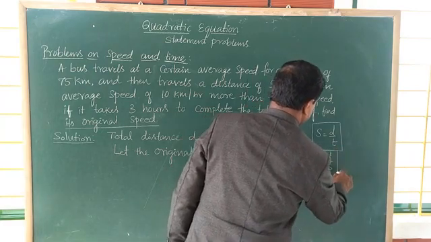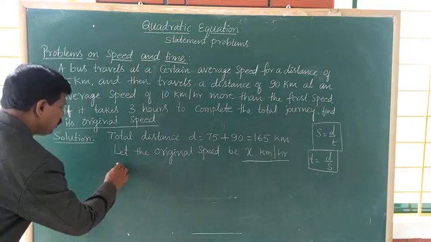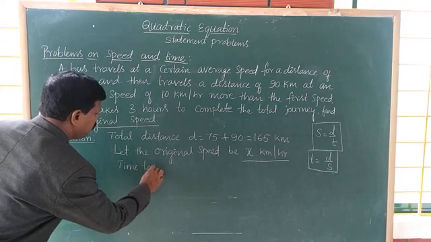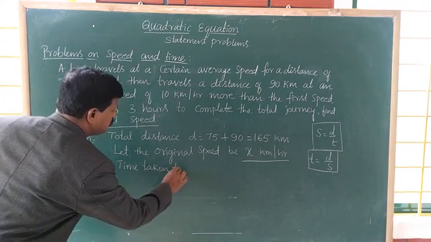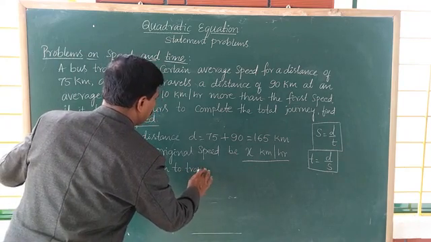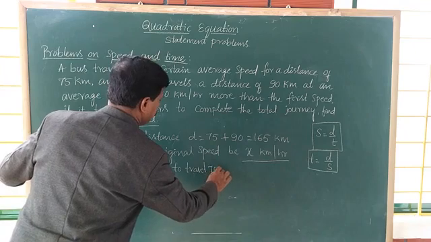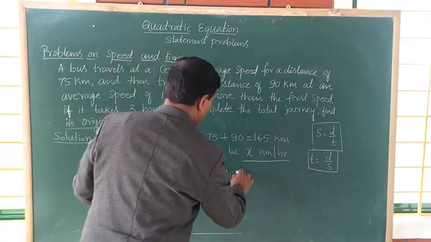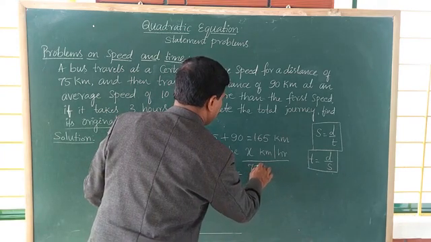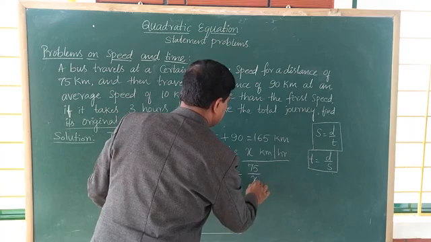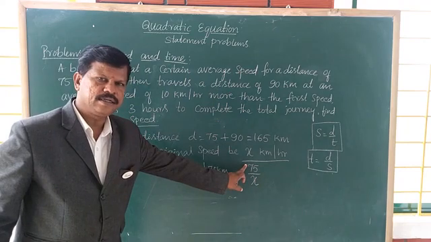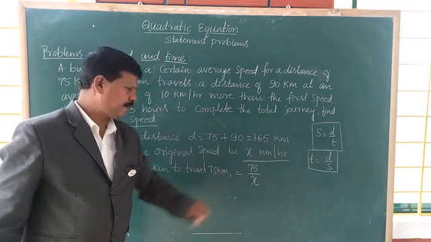So the time taken to travel 75 km is given by 75 divided by x kilometers per hour, where 75 is the distance and x is the speed.